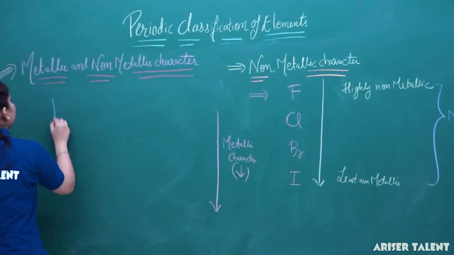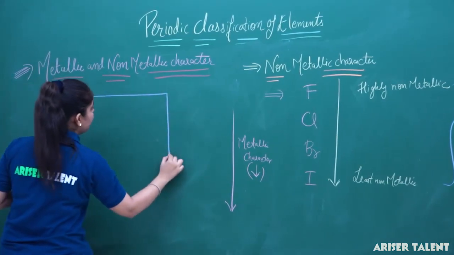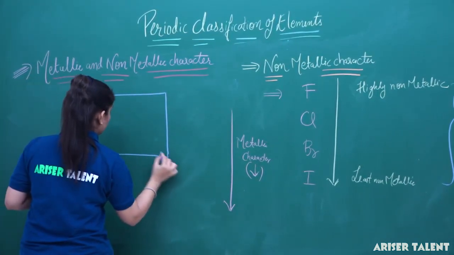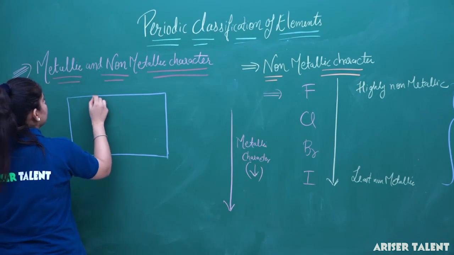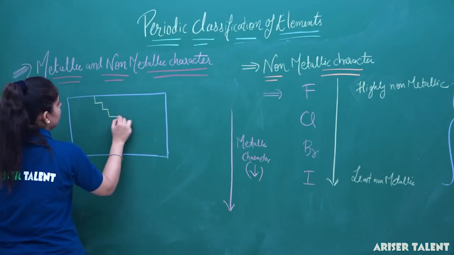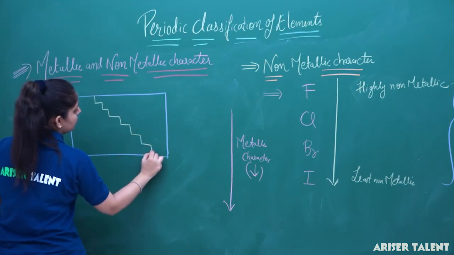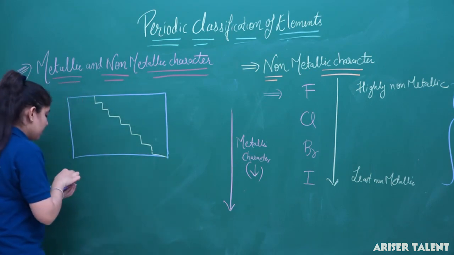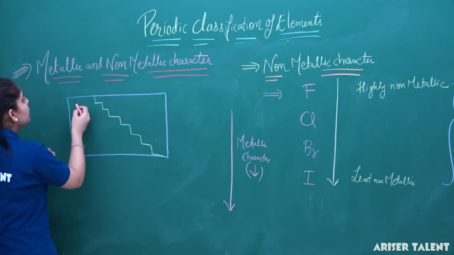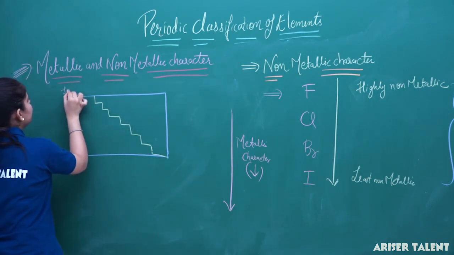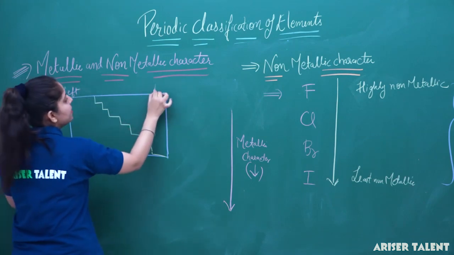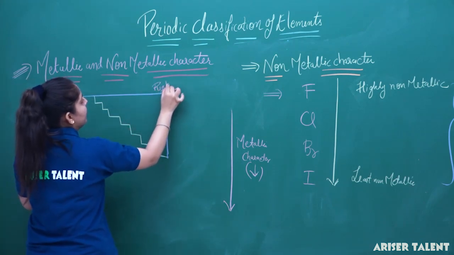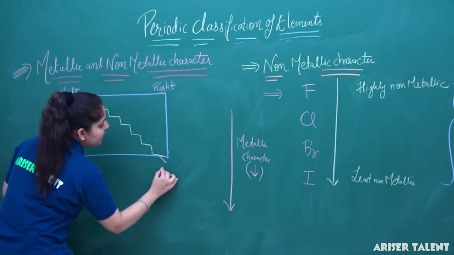So you can see that if this is our periodic table, in the extreme left of the periodic table, this is the left side and this is the right side, and this is our zigzag line.